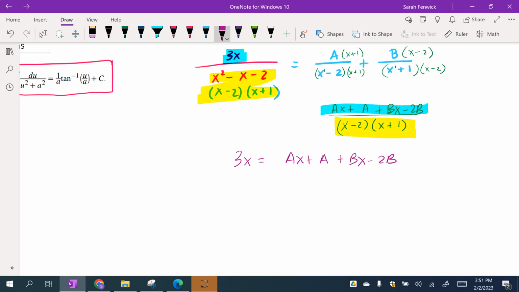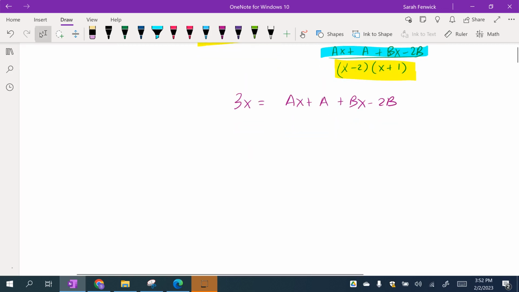Well, we still don't know what a and b are, but we're going to, because you break this down into like terms. So x's, I have 3x equals ax plus bx. And constants, I have 0, because 3x didn't have a constant, equals a minus 2b.